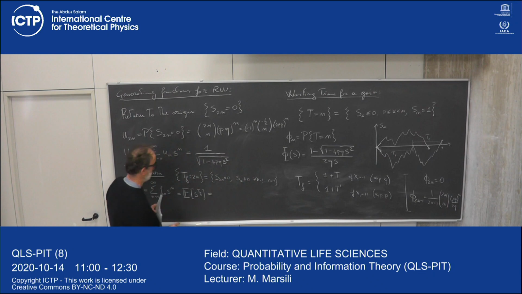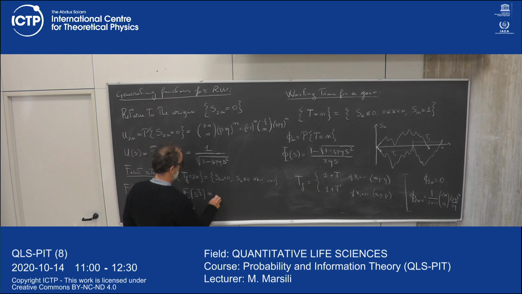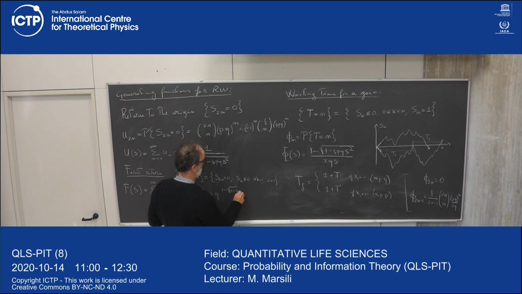So I can use this to compute the generating function of first return. With probability q, I will have this one, 1 minus the square root of 1 minus 4pqs squared, divided by 2qs.